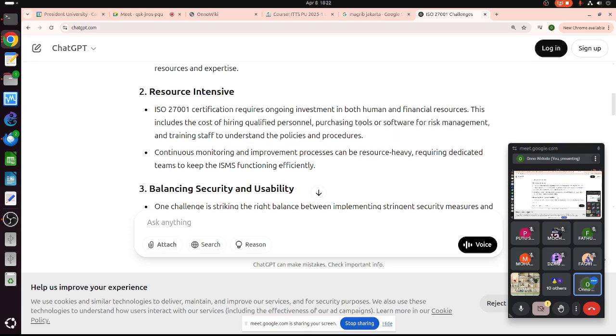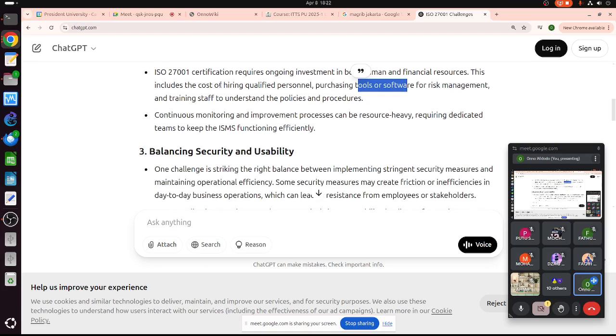For example, many of the tools and software are actually open source, so it's basically free, and all we need is the template to prepare for the auditing process. So there is a template to do these things. Also we have to monitor continuously and improve continuously, and that makes the whole thing quite heavy.